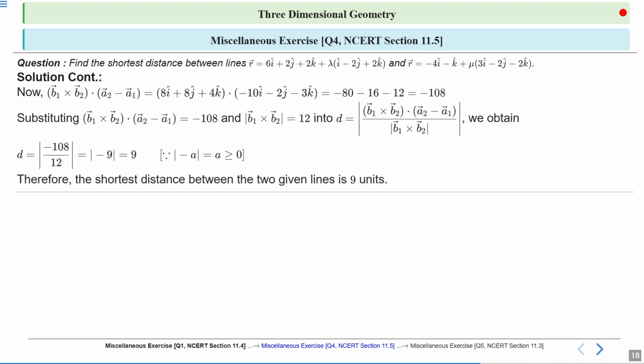Therefore, the shortest distance between the two given lines is basically 9 units.